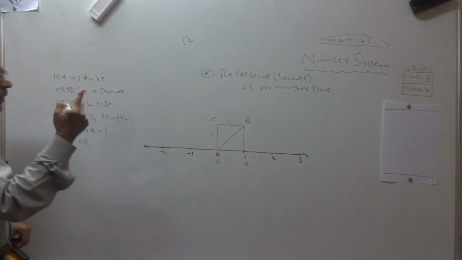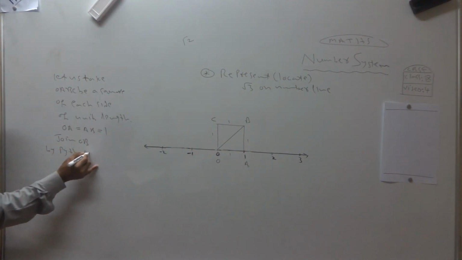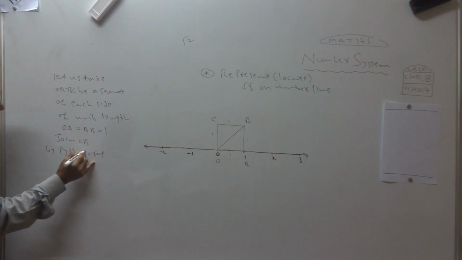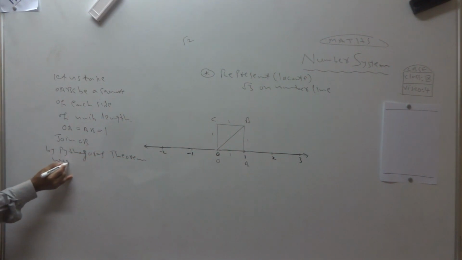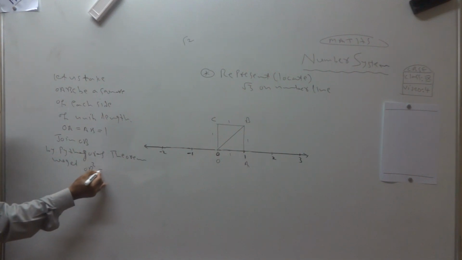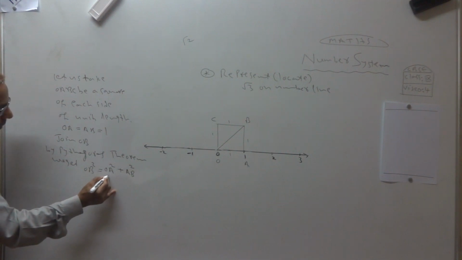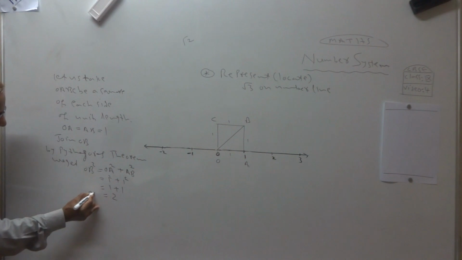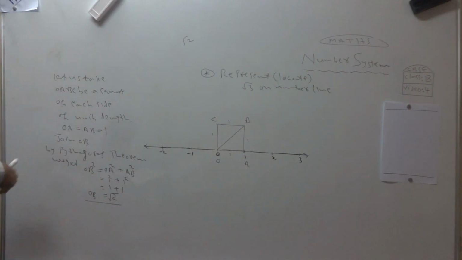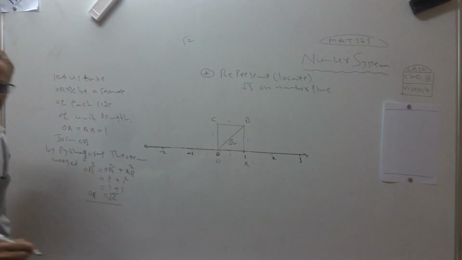If you join OB, what happens? By Pythagoras theorem, as you saw in the last video, OB square is equal to OA square plus AB square, which is 1 square plus 1 square, 1 plus 1, 2. So OB is root 2.